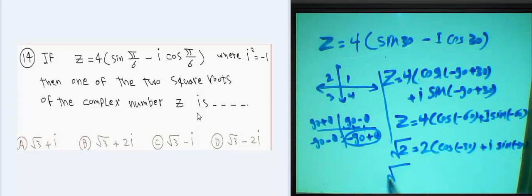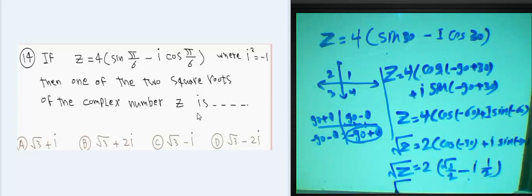Cosine negative 30 is root 3 over 2, and sine negative 30 is negative half. Multiplying by 2 to find the square root of z, it will be root 3 minus i, which is in the first image.